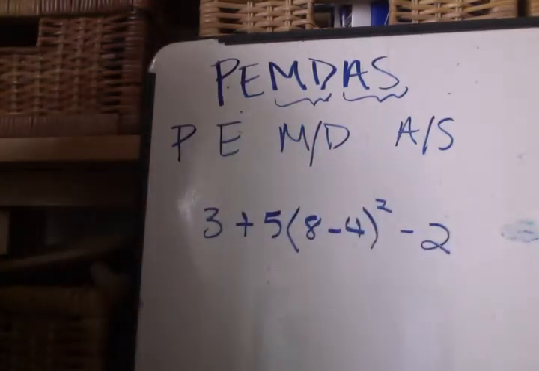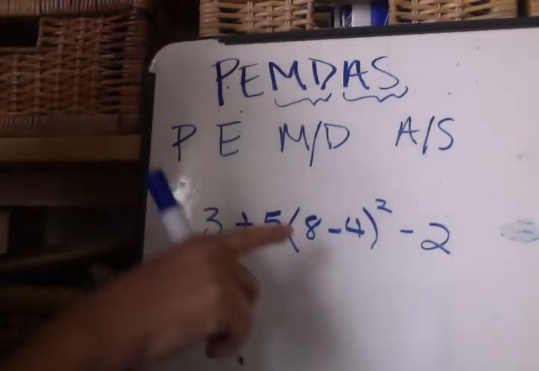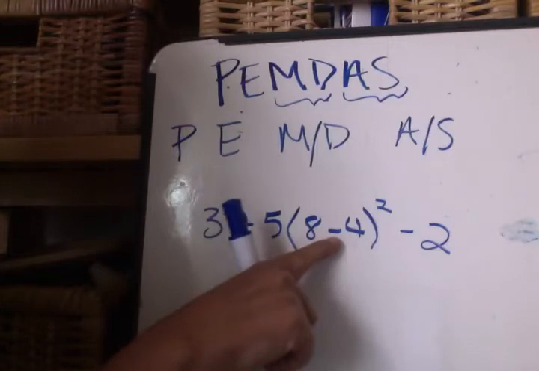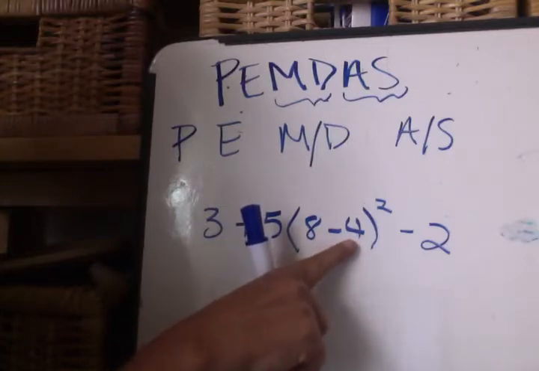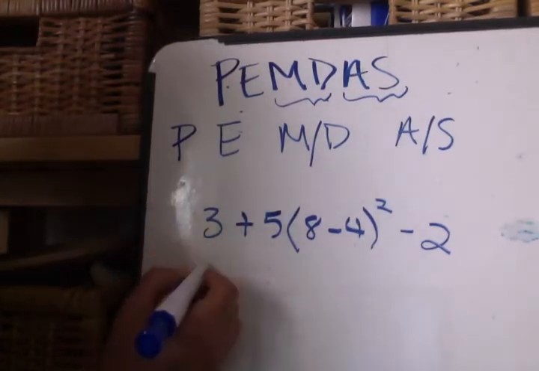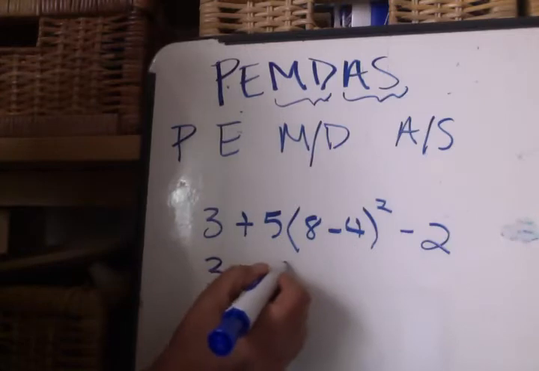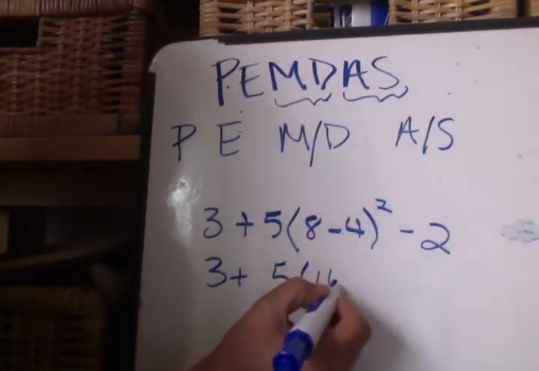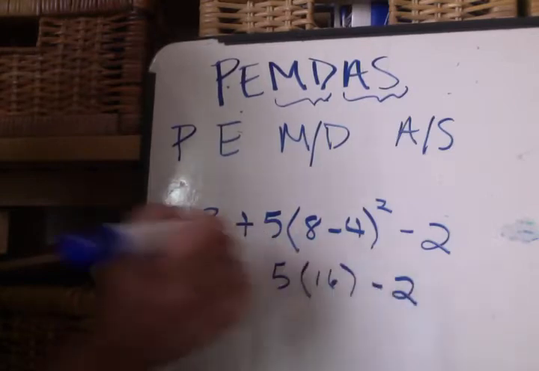Let's try that. So we do parentheses first. That's 8 minus 4 is 4. And then we do exponents, so 4 squared would be 4 times 4 is 16. So this is going to be 3 plus 5 times 16, minus 2.